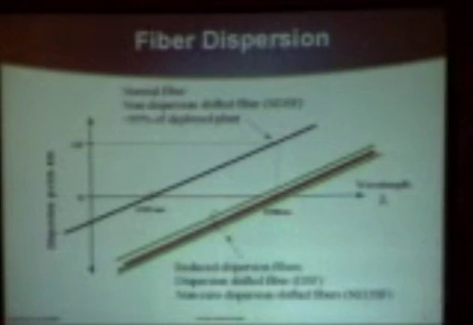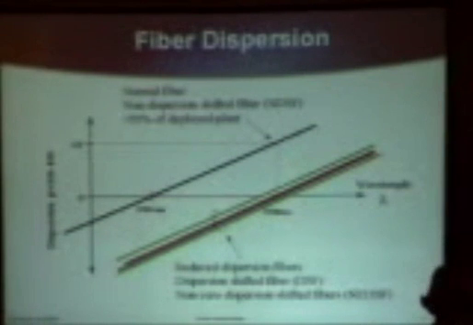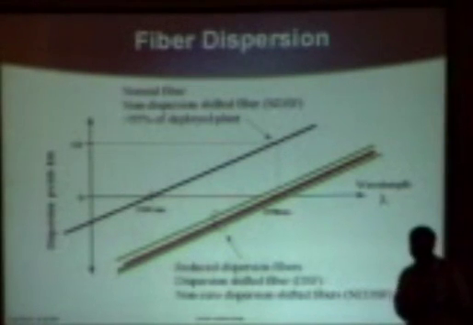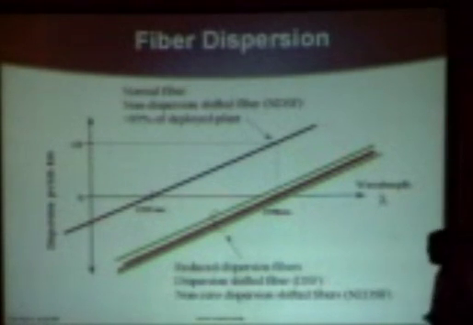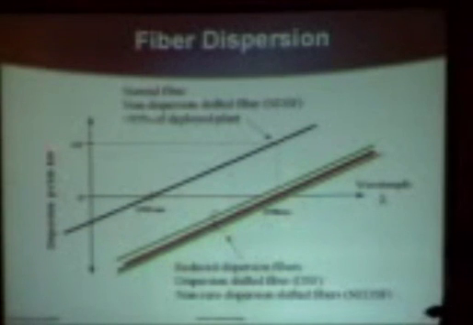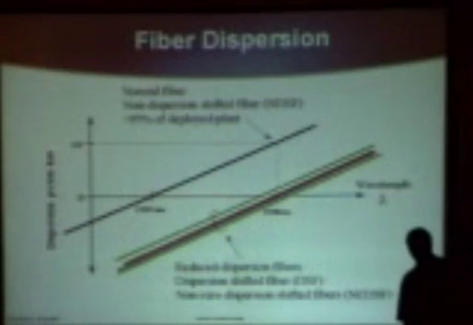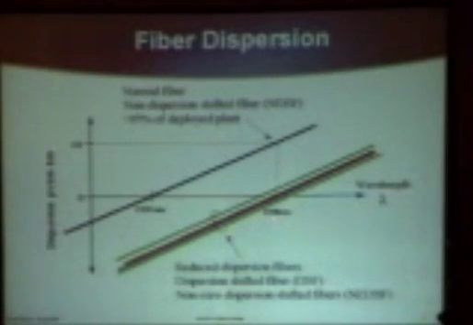The other important part to know about fiber is, in addition to, from a mathematical point of view, the real part, which is the attenuation, there's the imaginary part, or the dispersion. These lines are the velocity, if you will, of different wavelengths of light. And it is not the same for all wavelengths. And there's 2 kinds of fibers. This is the original fiber that 80 or 90% of the world is full of, called standard, non-dispersion shifted fiber.